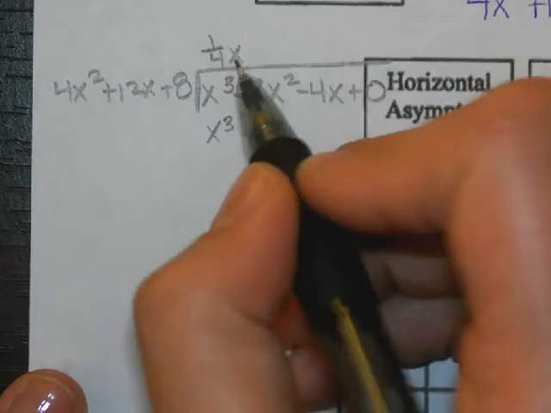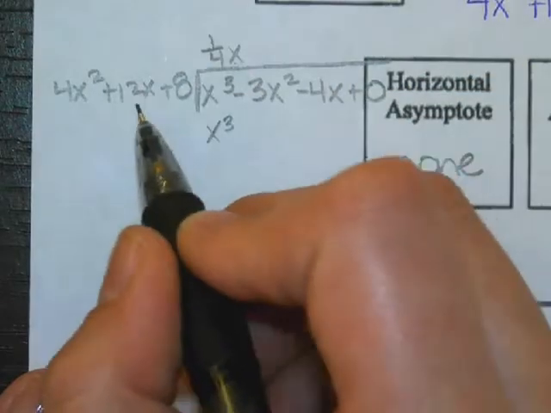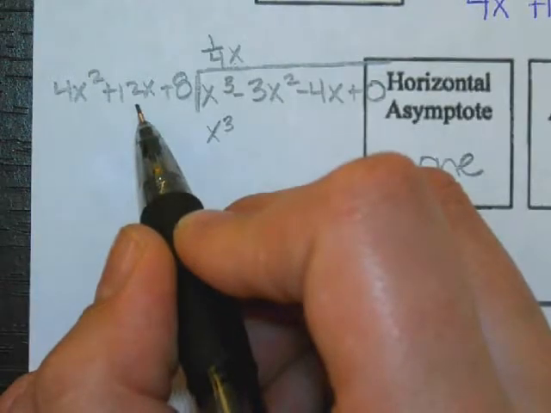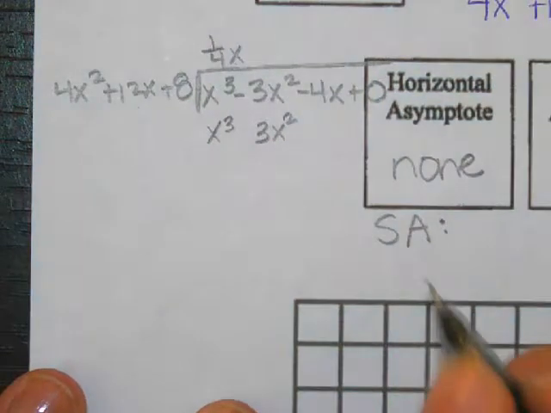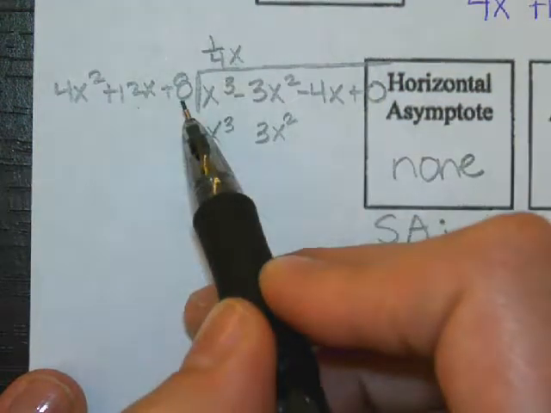All right, 1/4 x times 12x, 3x squared, and it's positive, right? And then 1/4 x times 8, 2x.